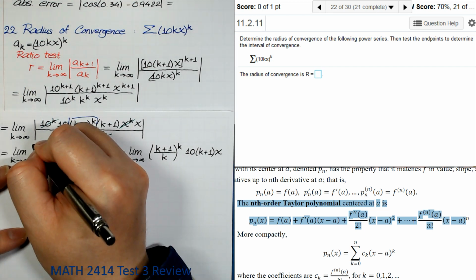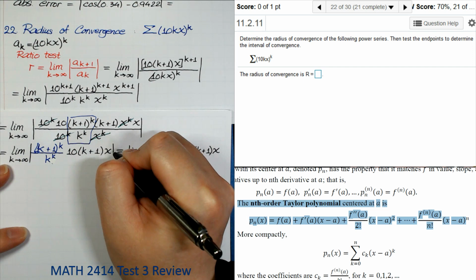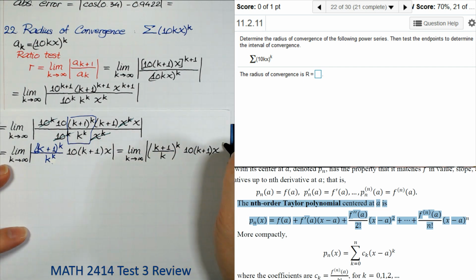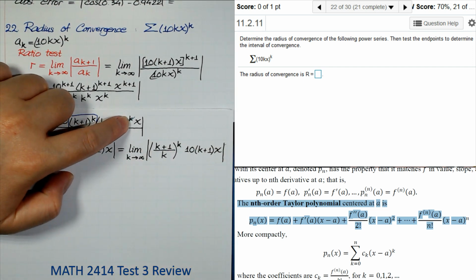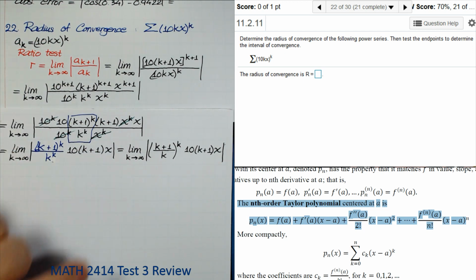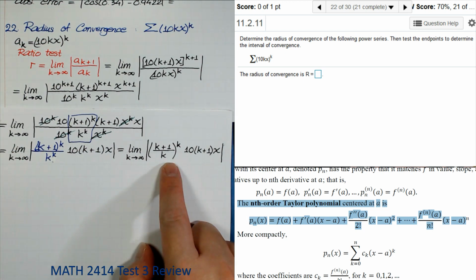I take that back. I still need absolute values because x can be negative, so that's why we need absolute values. Sorry about that.